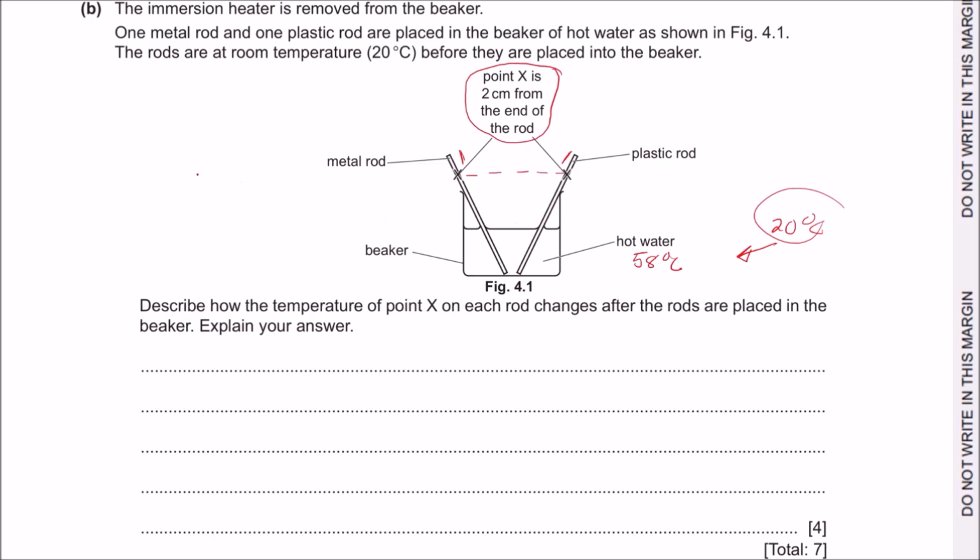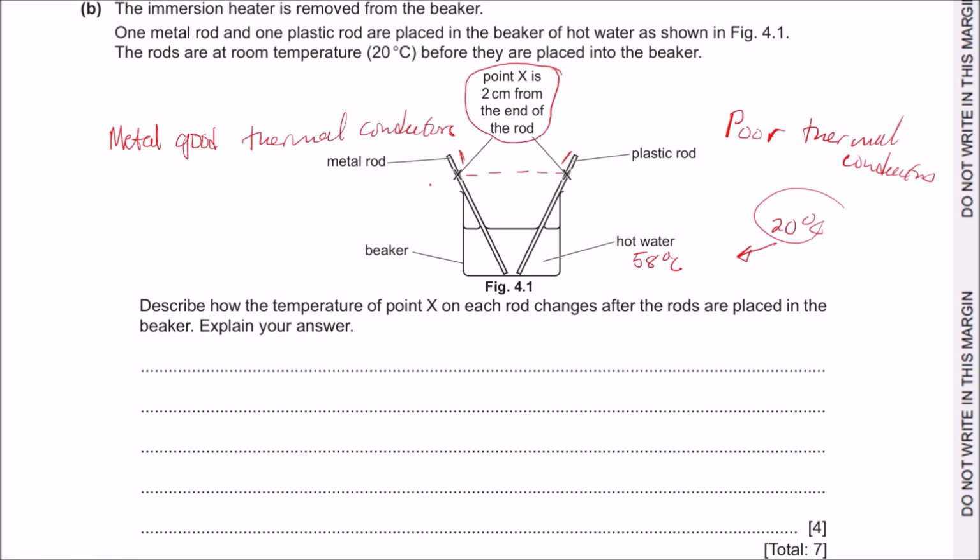Now, we should know by now that metals are good thermal conductors, while plastics are poor thermal conductors.